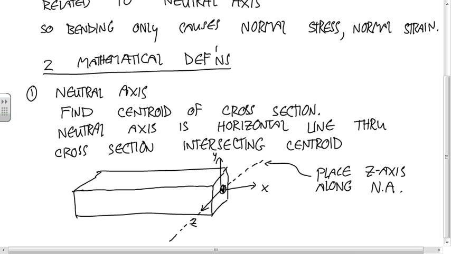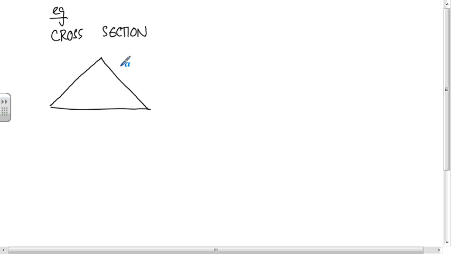So what if the cross section was a right triangle? Where would we put the neutral axis?